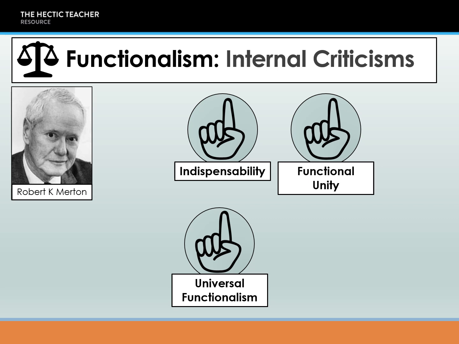What he means by this is that sometimes a social institution can have a negative impact on society or the people within it. And he uses the example of the family. The family is not always functional for everybody. There is dysfunction in the family. You have domestic abuse. You have families that just don't like each other. You can love your family, doesn't mean you have to like them.